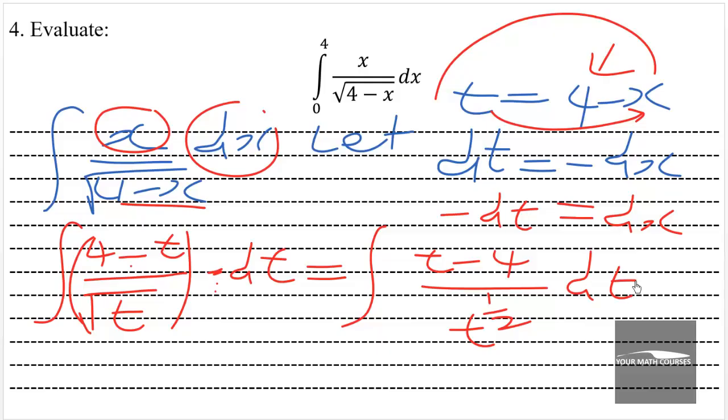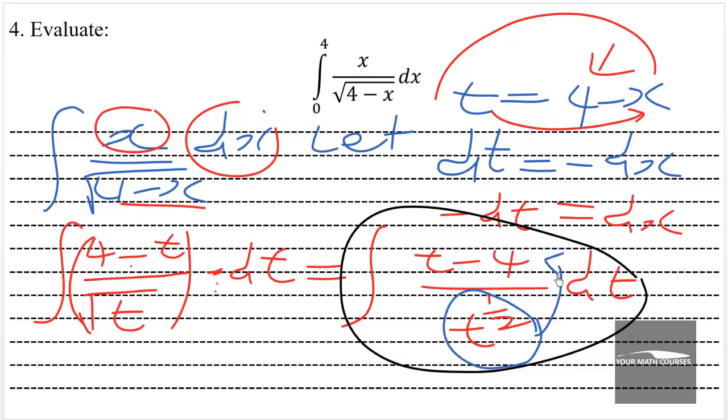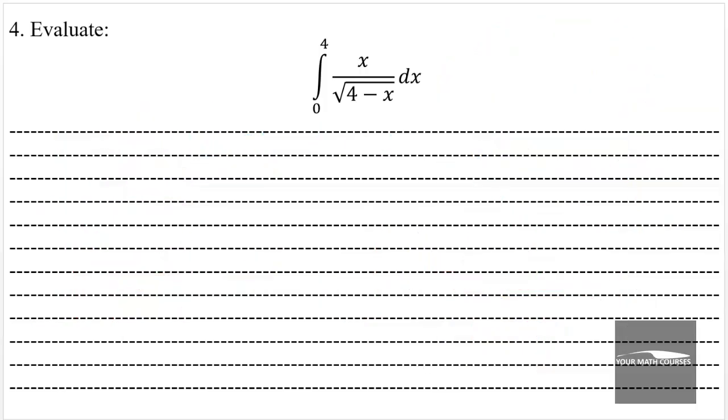So let's progress with what is here. We are going to let the denominator go to the numerator. So it will come here and multiply, but the exponent has to become negative. So we are going to get integral of t minus 4 times t exponent negative half dt.